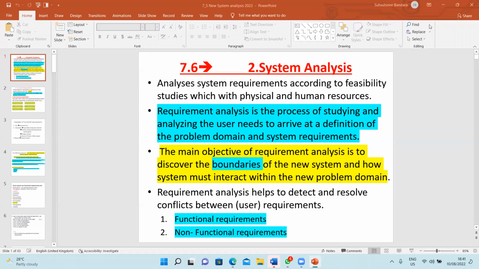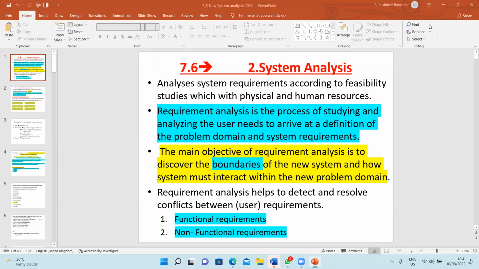So what the system should do is considered the main functional requirement. How the system behaves, how the system performs the functional requirement, how it overcomes all the functional requirements, that is non-functional.